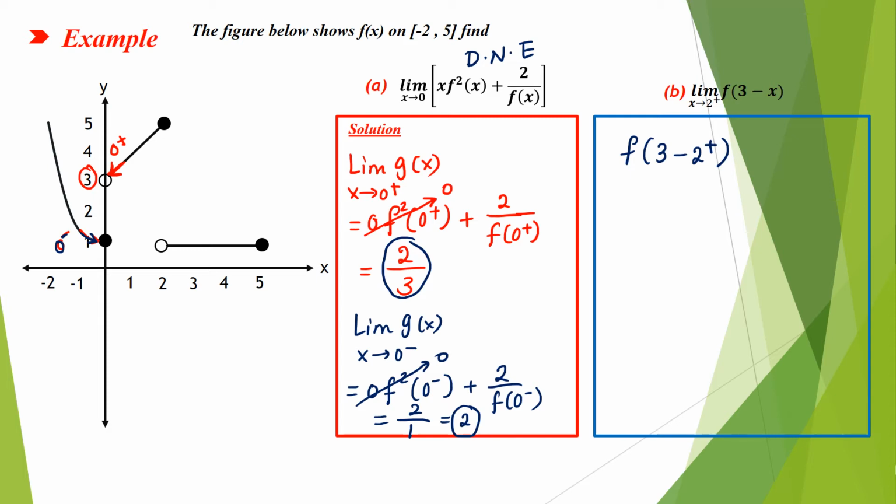So 3 minus a number greater than 2 gives us f of 1 from left, and f of 1, from left or right, equals 4. So this limit equals 4.